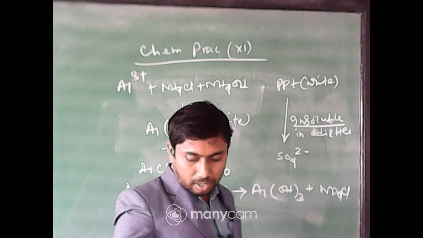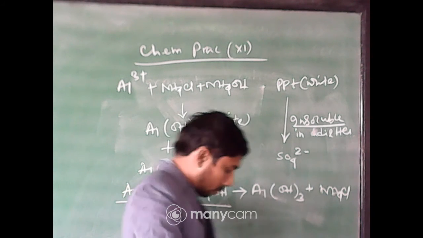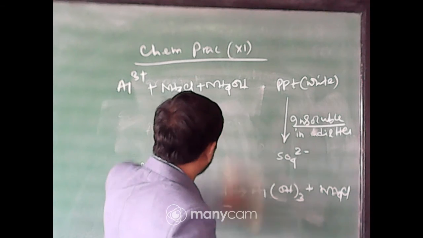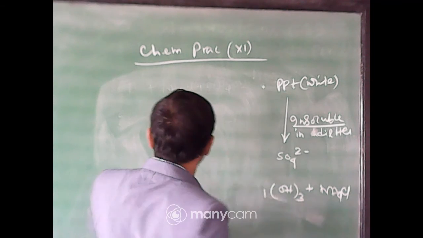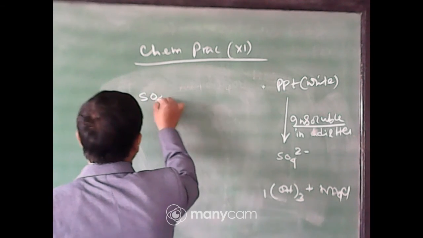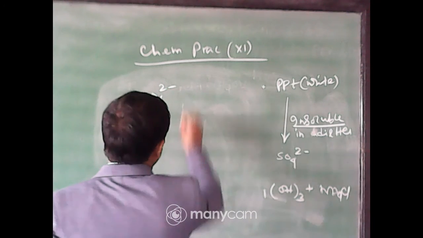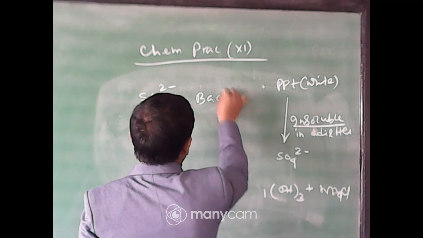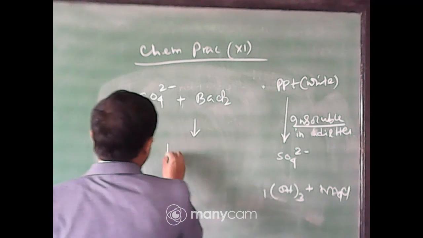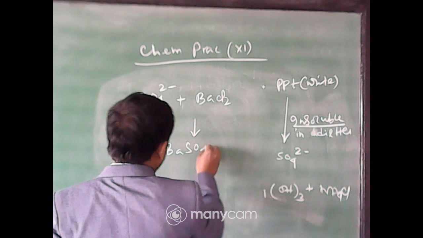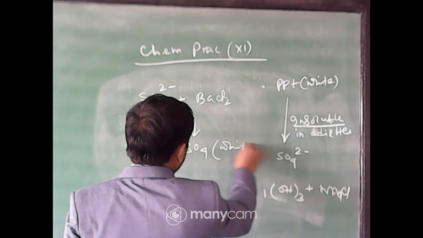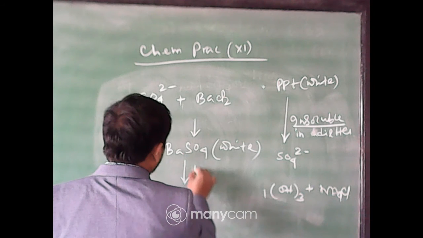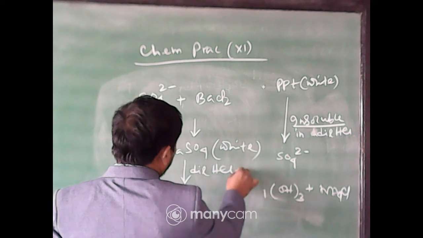Understood? Then the next one, that is for sulphate. The sulphate was present in the sample as SO4 2 minus. When we add, what is the reagent? Barium chloride. Then a PPT of barium sulphate, it is also white in color. Okay. It remains insoluble in dilute HCl.